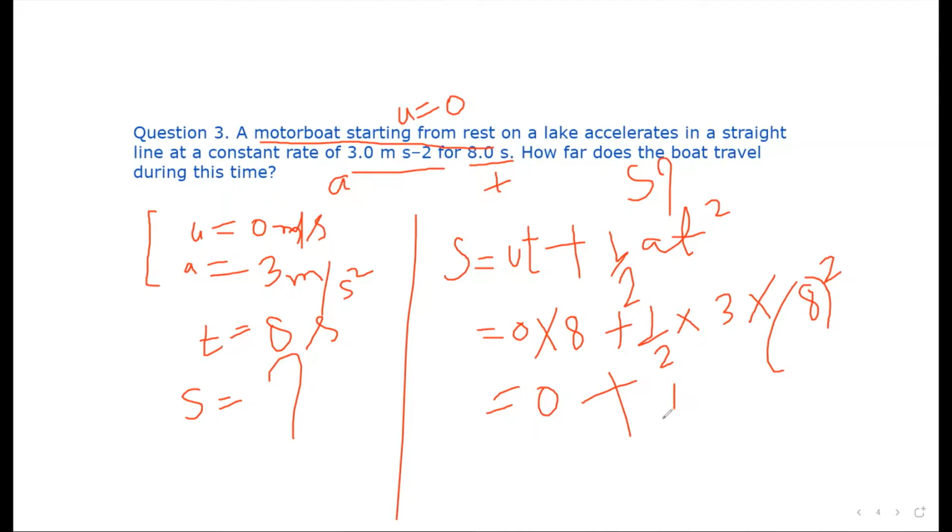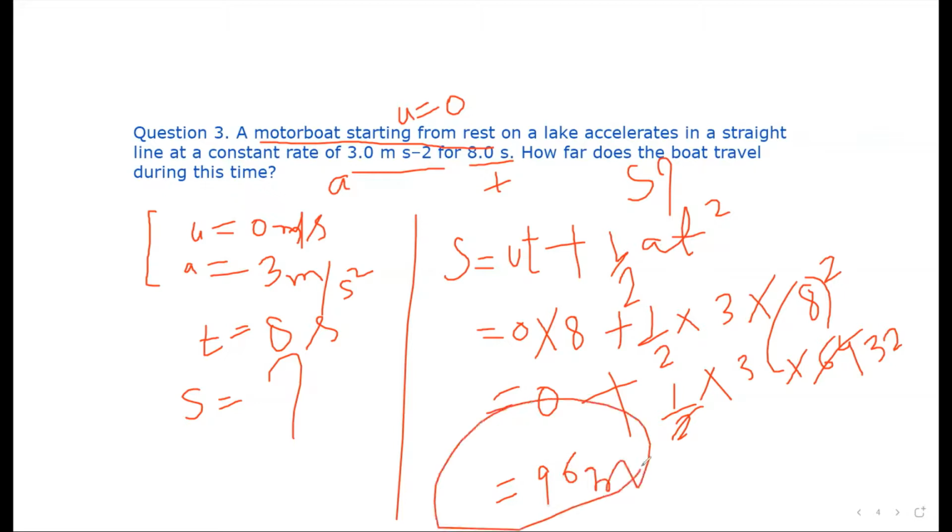So it will be 1 by 2 into 3 into 8 squared, which is 64. Now you can cut it. 2 will cut with 64 to give 32. And then multiply with 3. The answer will be 96 meter. Easy enough?